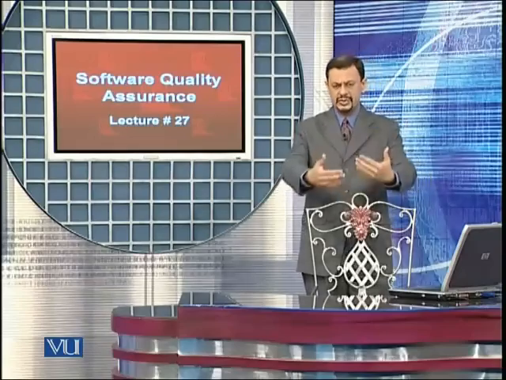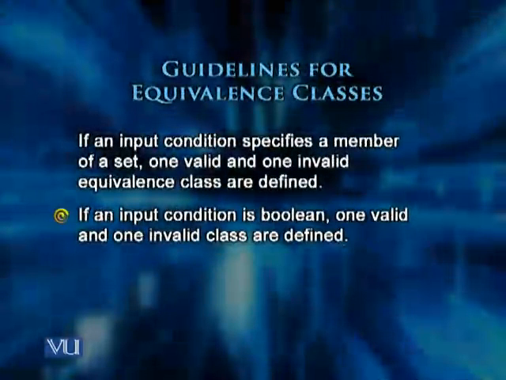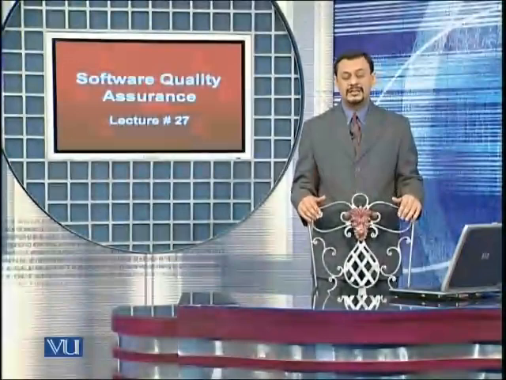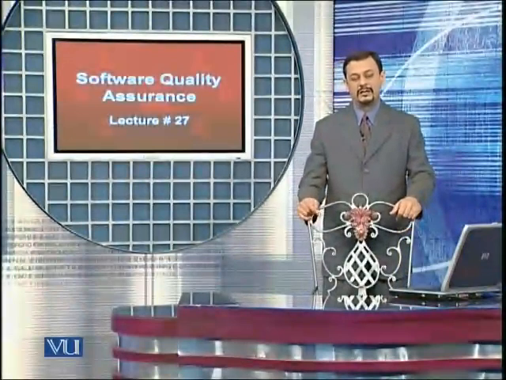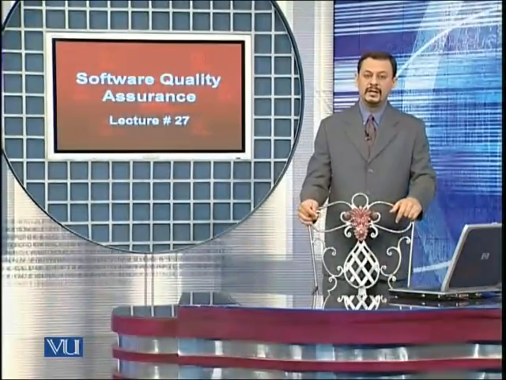At least in this situation, we are talking about unordered sets. And if an input condition is Boolean, one valid and one invalid class are defined. And so these are the minimum classes that you would require for testing using the equivalence partitioning approach.